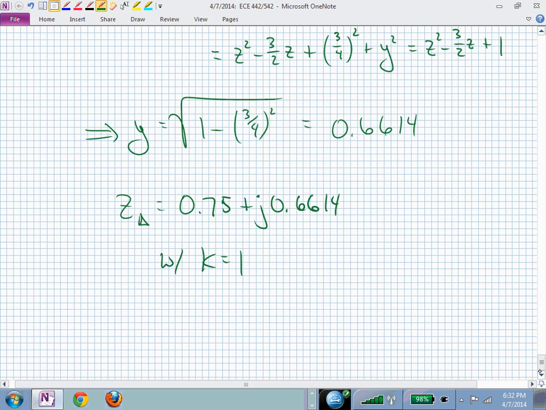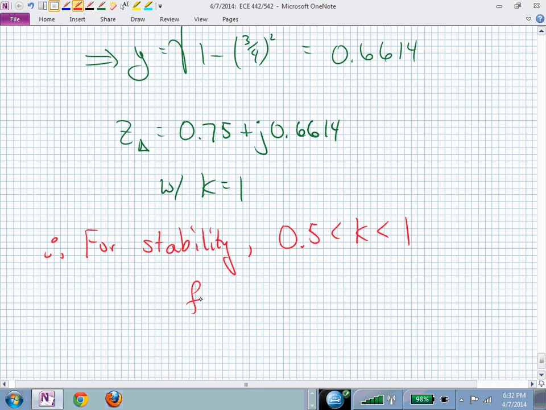And for stability, in this particular second order system, we know a lot now about the behavior of our closed loop poles just from this root locus picture.